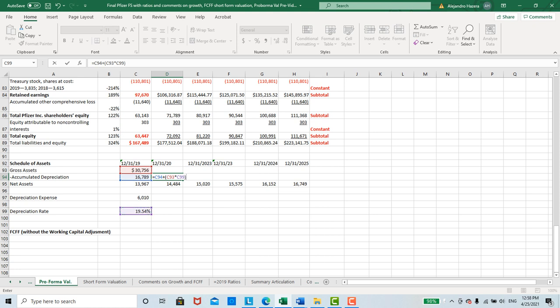So you're taking your beginning accumulated depreciation, adding depreciation expense for 2020, which would be your beginning gross assets times the 20% more or less depreciation rate. So your new accumulated depreciation is that number right there.